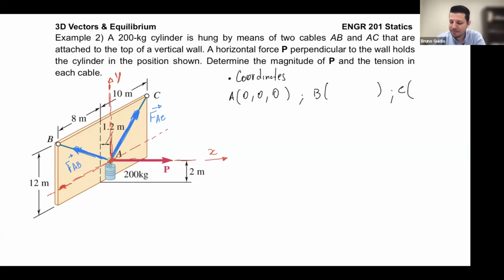What about B? Because I put the coordinates here in front of the wall, B is in the wall, over there. So negative 1.2 meter. Why negative 1.2? The wall is 1.2 behind, meaning 1.2 in the negative direction of X. So this is negative 1.2. What about Y?